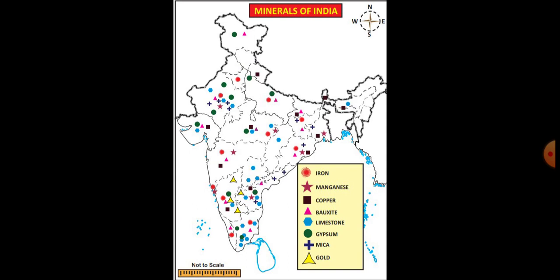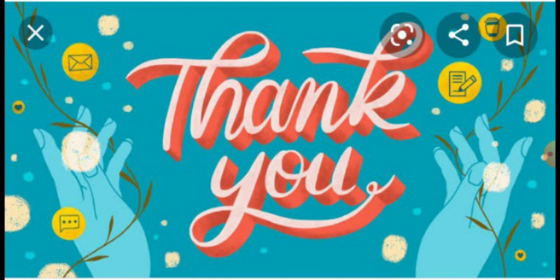All students are requested to mark these question answers, and mark this map and keep it in the map file. Students, you have to learn all these question answers. The continuation of this lesson I will teach in the next class. We will meet in the next class, students. Thank you.